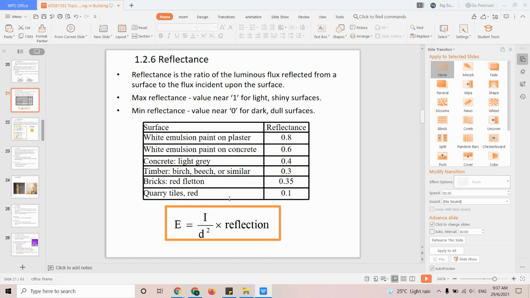So when it comes to emission of light, a difference in color will actually affect the quantity of light being emitted. A darker color of lamp will not be as bright as a lighter color of lamp. So there is an impact of color on the emission of the lamp, just so you guys know.